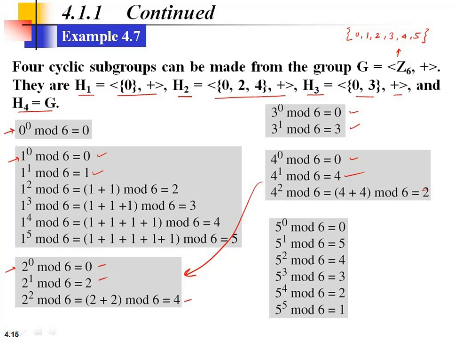In this manner we can find the generator element, and which elements that generator is able to generate. Then we will find out what the cyclic groups are.